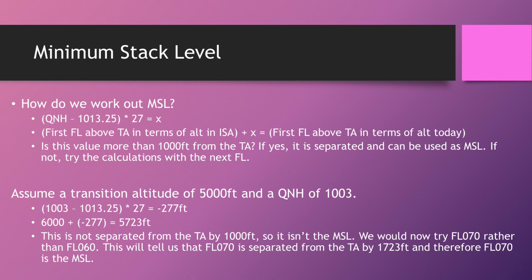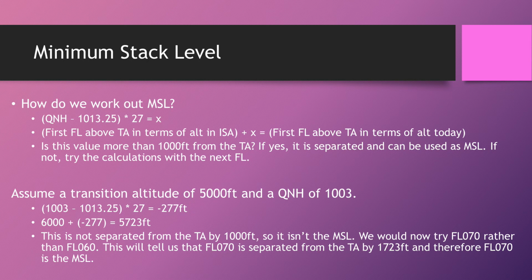So let's look at the formula to actually work it out. The first formula is the QNH minus standard pressure, and we times the result by 27, which will give us a value x. It's 27, by the way, because ISA says that 1 hectopascal is worth 27 feet at sea level. We then use the next formula: the first flight level above the transition altitude in terms of altitude in ISA conditions.